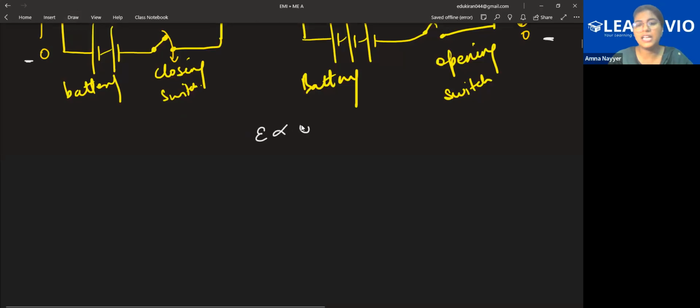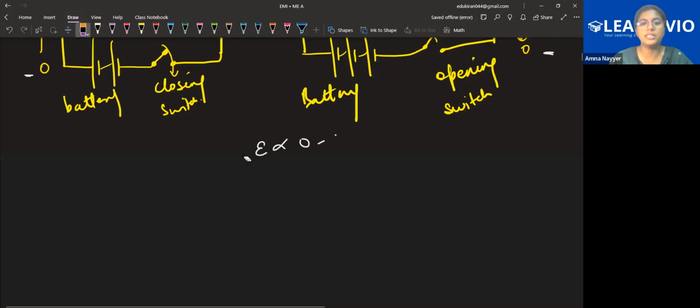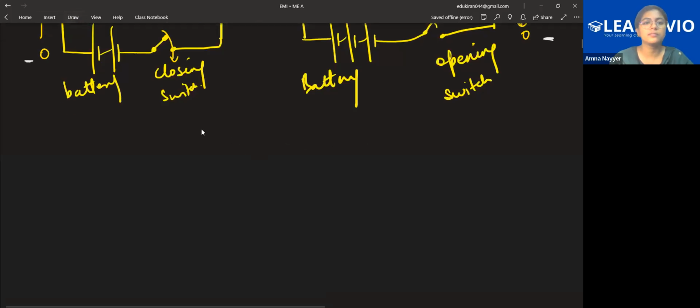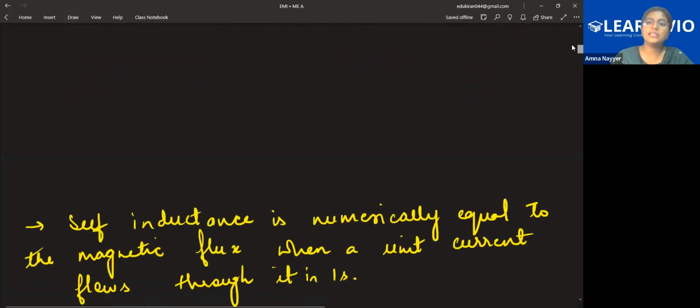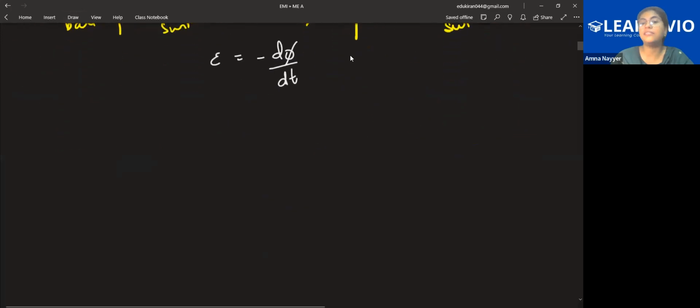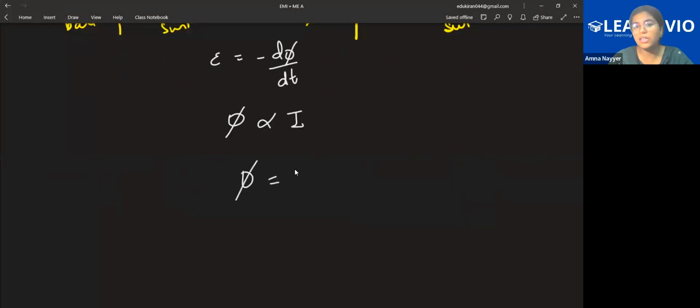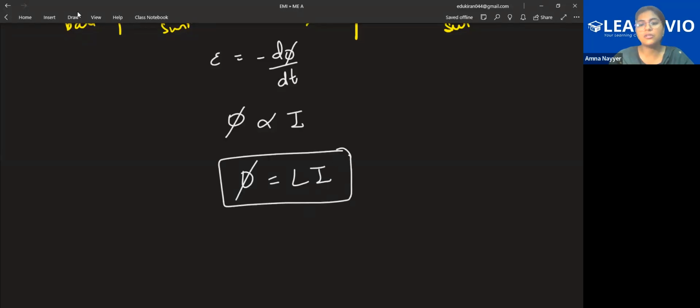EMF is directly proportional to d phi over dt. Now, in this example, we have seen that current and flux are linked together. That's what I was telling you, that you have to focus on flux. So flux is directly proportional to current. And now, when we remove the proportionality sign, we get this constant L.